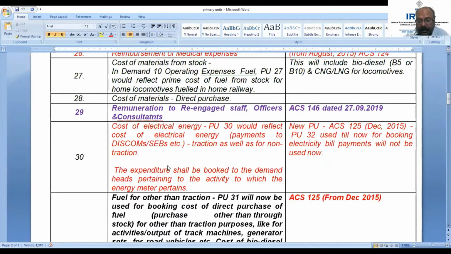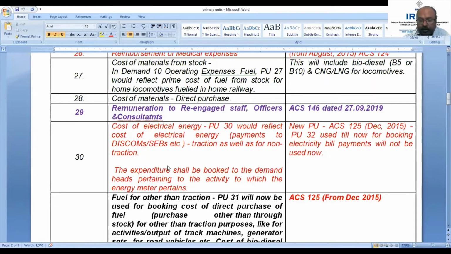And PU 30 is a new PU. This is the cost of electrical energy. Previously, before this PU was introduced, the cost of electrical energy was charged to PU 32. But to control and analyze how much amount we pay to procure traction as well as non-traction energy, we created a separate PU 30.